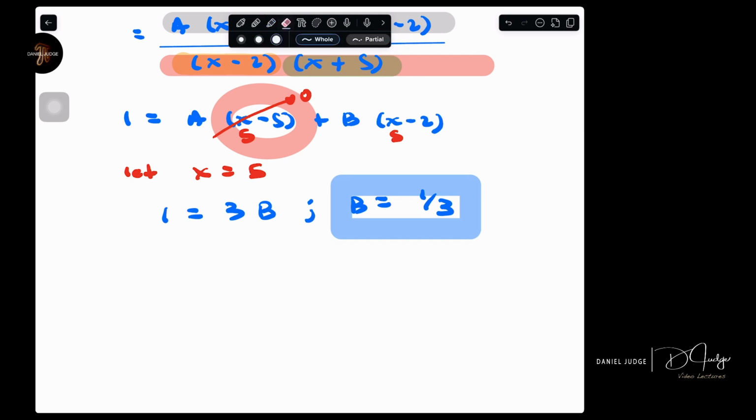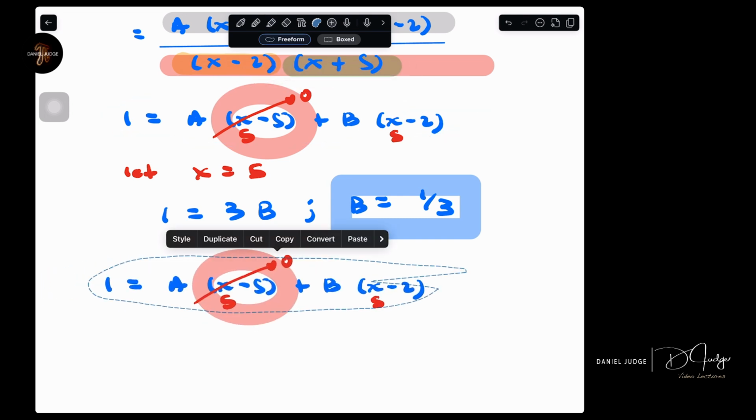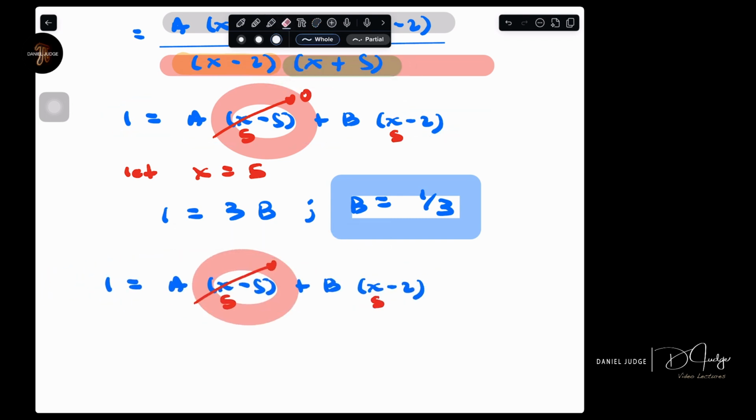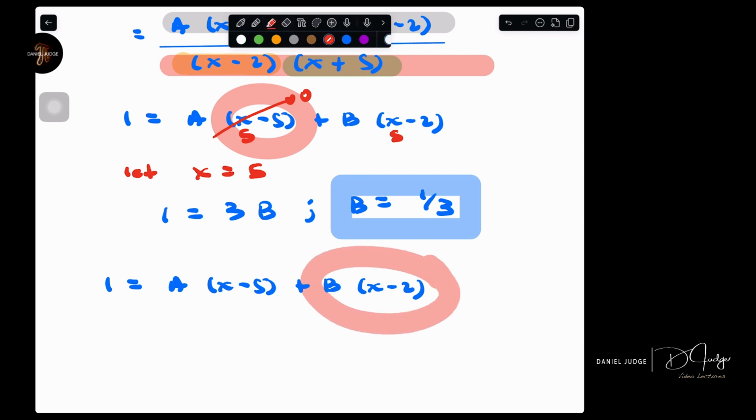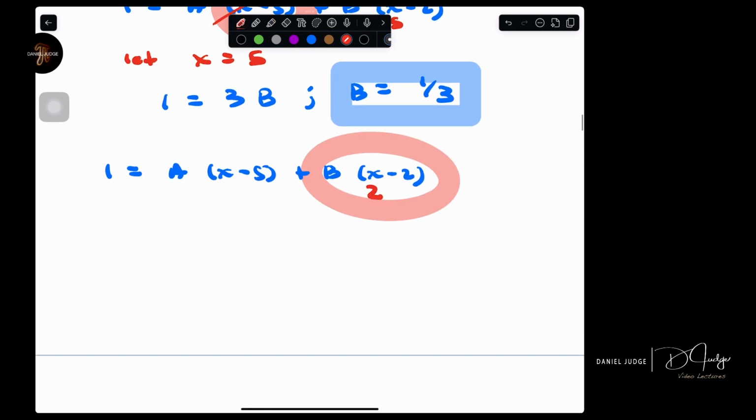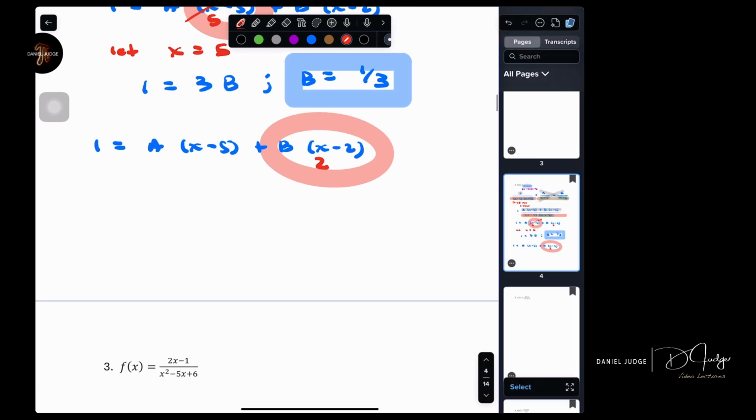All right, now we're going to repeat the process, but this time we're going to zero out the next term. And we're going to let x be 2 here. Let's bring this up.